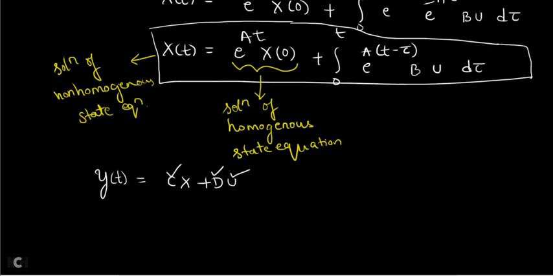D you know, c you know, and x you know from here. If you calculate this x of t solution and substitute it here, you know c, you know x, you know d, you know u. If you know everything, can you not calculate this y of t output? Yes. So this is your output signal.